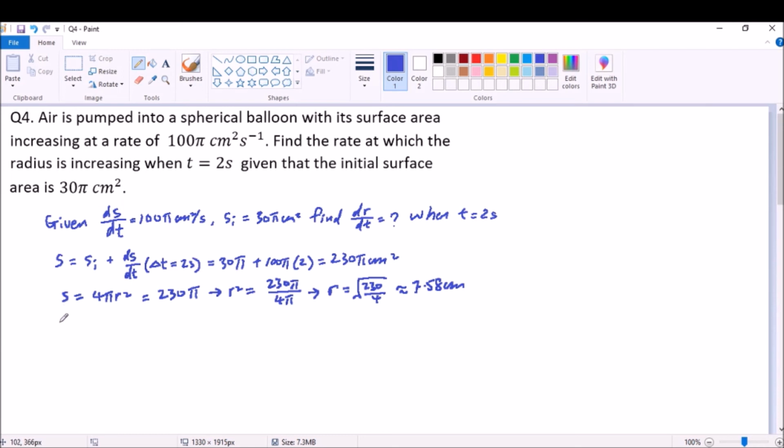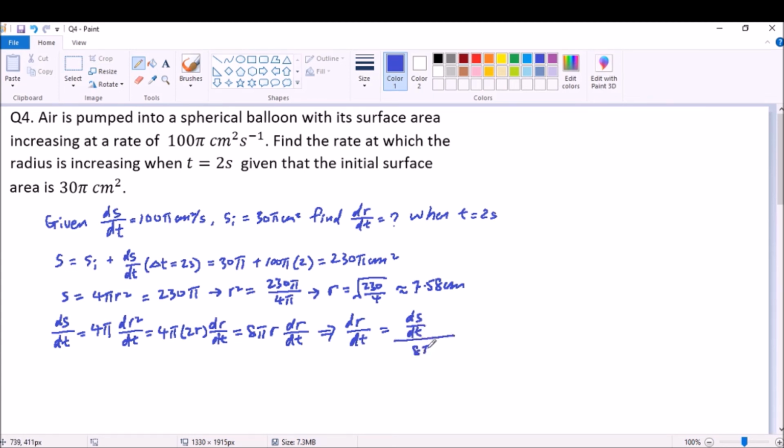Now we take the derivative of surface area with respect to time, being 4 pi d r squared over dt, which is 4 pi times 2r dr over dt, equal to 8 pi r dr over dt, which means that dr over dt equals dS over dt divided by 8 pi r, where dS over dt is 100 pi cm squared per second.